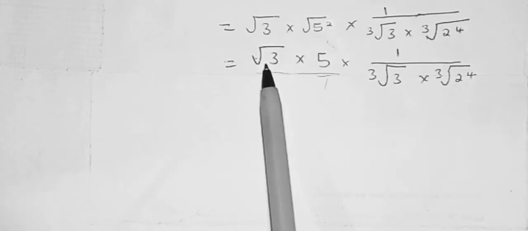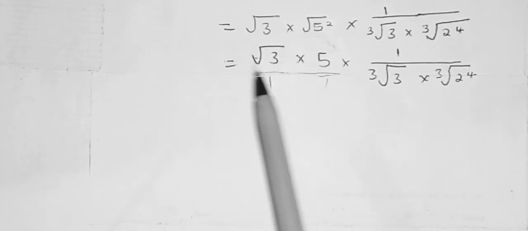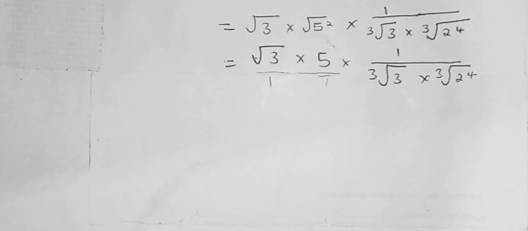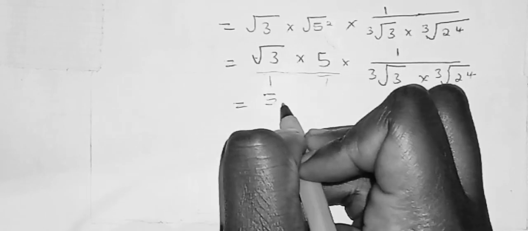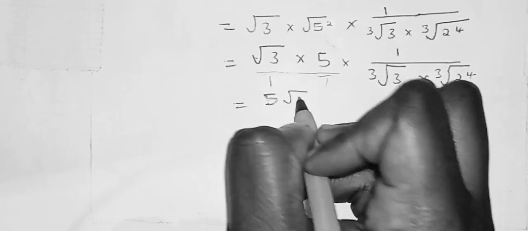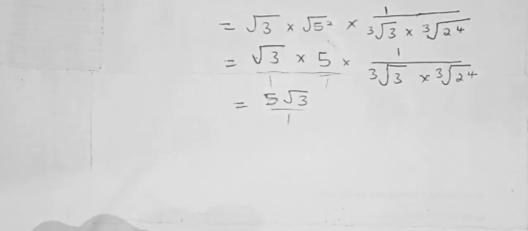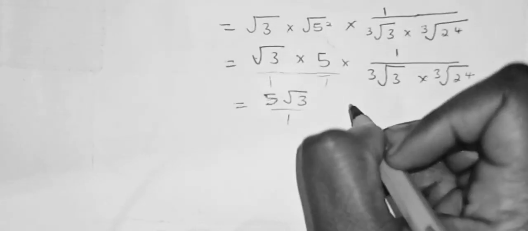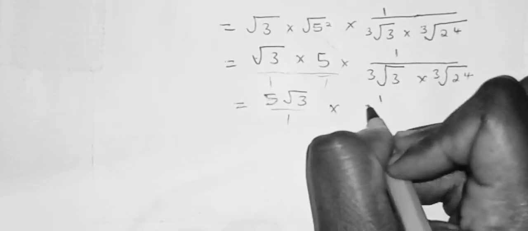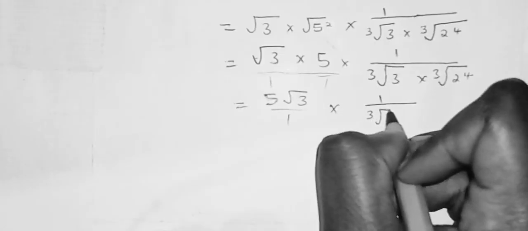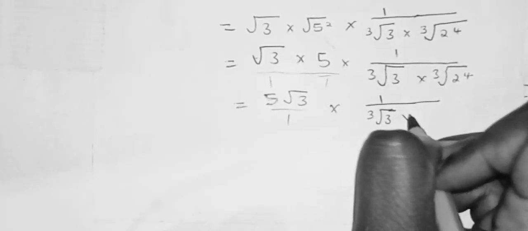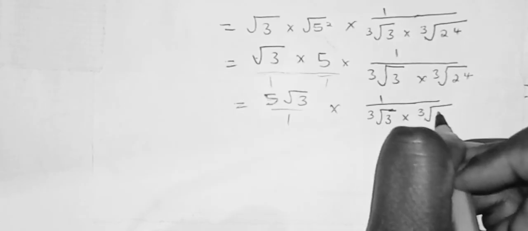So you can see this times this. You're going to multiply this and this, and you get a 5. And then you'll have 3 squared times 5. You get a 5 and 3, which will have an invisible 1, times the square root of 3 and the cube root of 3, times the cube root of 2 to the 4.